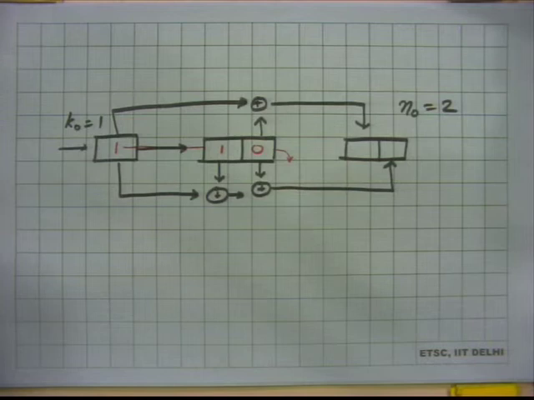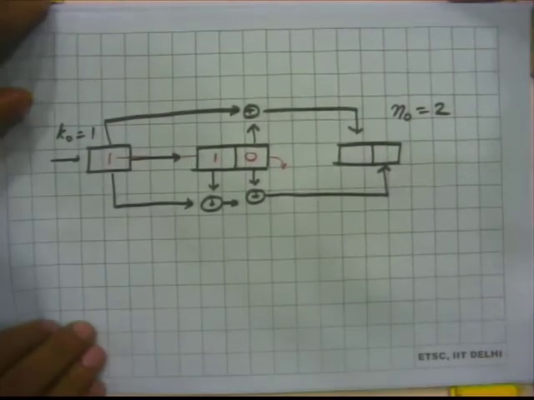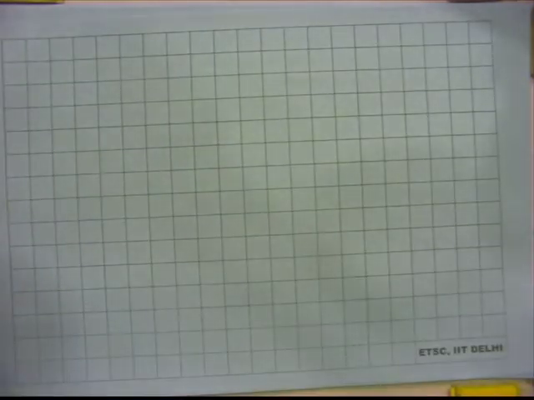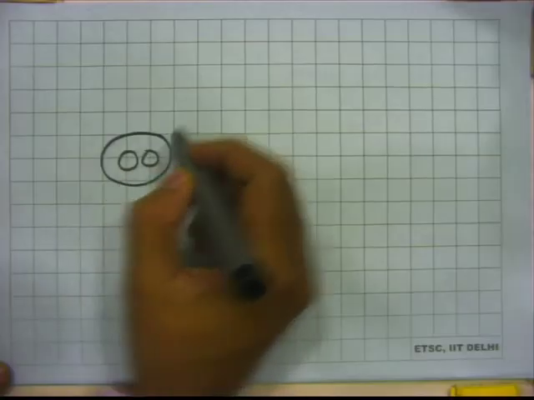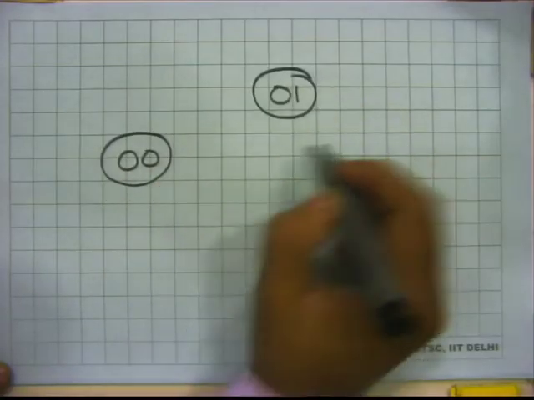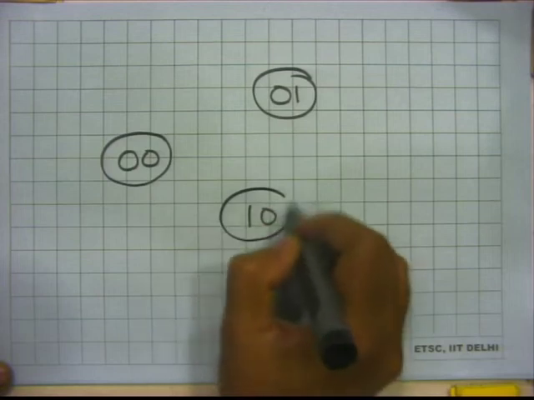Now, if you look at the next slide, we can represent this as a simple state diagram. So, we can have the state diagram of the encoder in the slides. If you can see the state diagram, you have 0 0 as one of the states, 0 1 as one of the other states, 1 0 and 1 1.